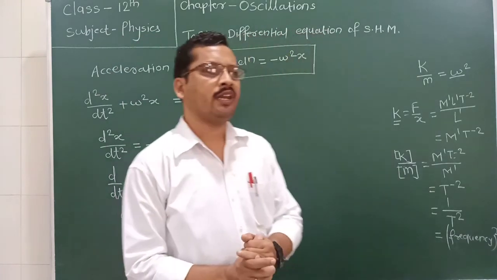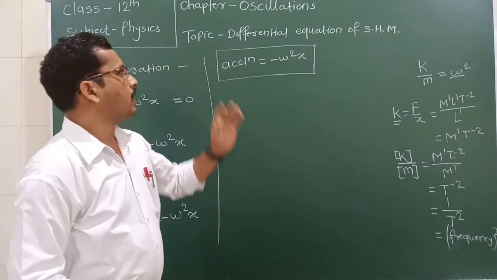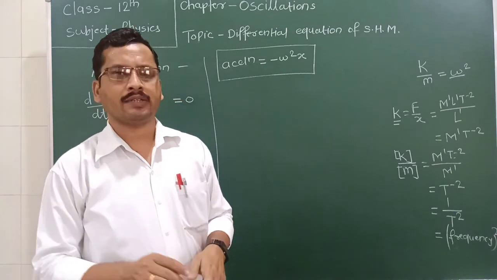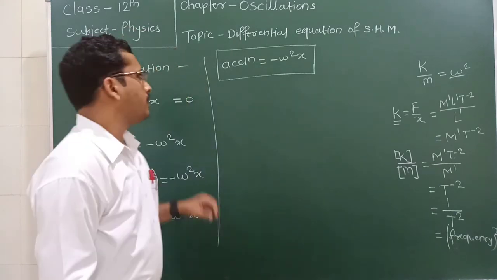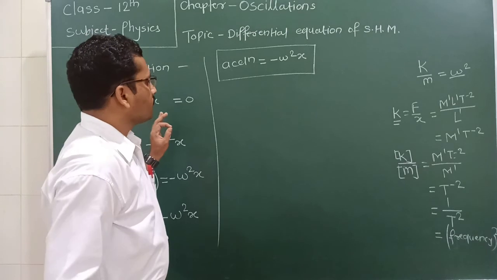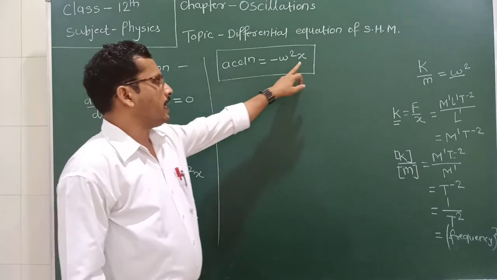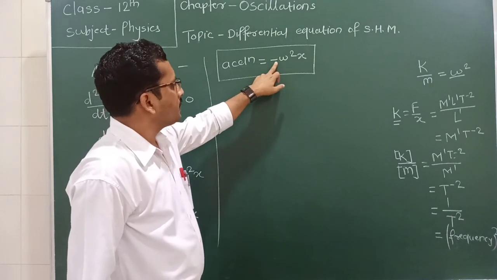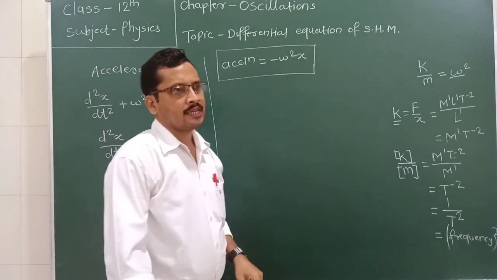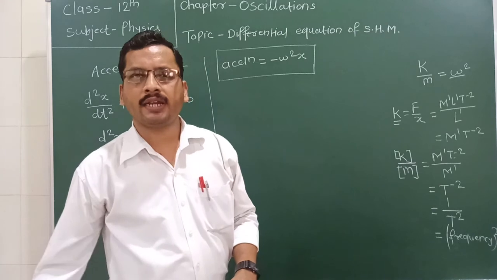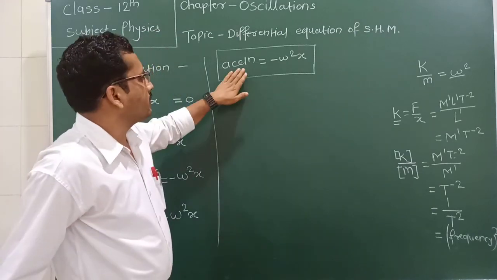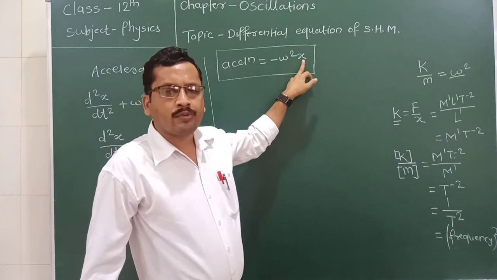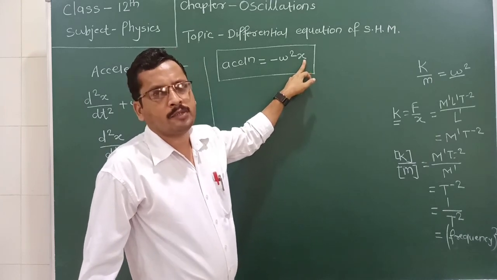Today we discussed setting up the differential equation of the simple harmonic motion, as well as deriving the relation between the acceleration and displacement. Here we see that this minus sign indicates that the acceleration is oppositely directed to the displacement.